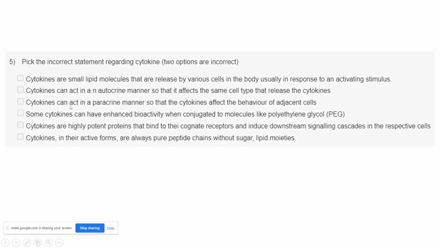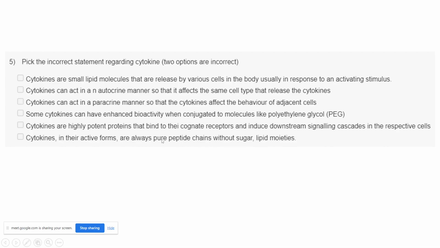Cytokines can act in a paracrine manner, correct. Some cytokines can have enhanced bioactivity when conjugated to molecules like PEG, correct. Cytokines are highly potent proteins that bind to their cognate receptors and induce downstream signaling cascades in the respective cells, correct. Cytokines in their active form are always pure peptide chains without sugar and lipid moieties.